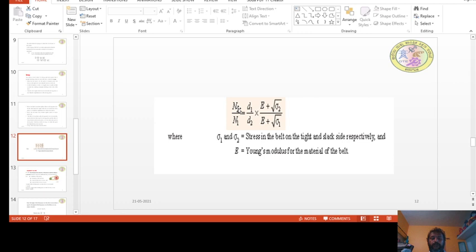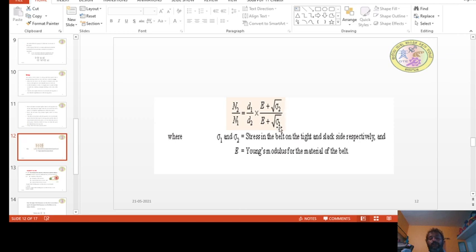So in order to take this creep into account, N2 by N1, where N2 is the RPM of the driven pulley or follower and N1 is the RPM of the driving pulley, equals D1 by D2 times (E plus root of sigma 2) divided by (E plus root of sigma 1), similarly D1 and D2, and capital E is the Young's modulus of the belt material. Here sigma 1 and sigma 2 are the stresses on the belt on the tight side and the slack side. So 1 is on the tight side and 2 is on the slack side.